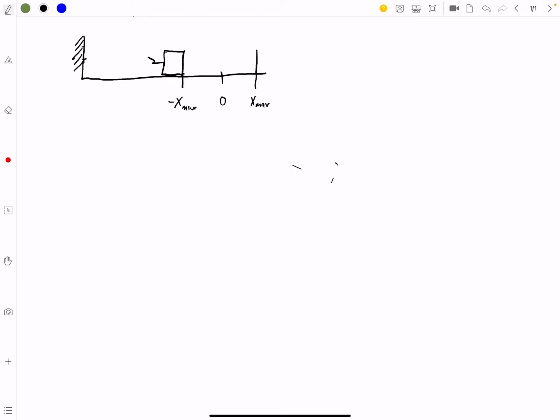And it's on a spring. Nice healthy spring. So what is our potential energy for this situation? Our potential energy is U equals 1/2 kx squared.